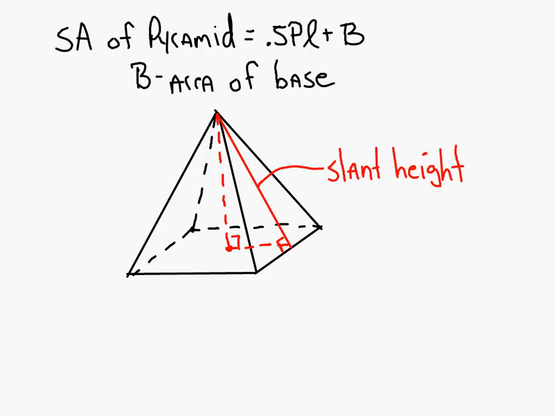The distance from the vertex of the pyramid to the middle of the base is called the altitude. And your altitude, your slant height, and a segment connecting those two form a right triangle.